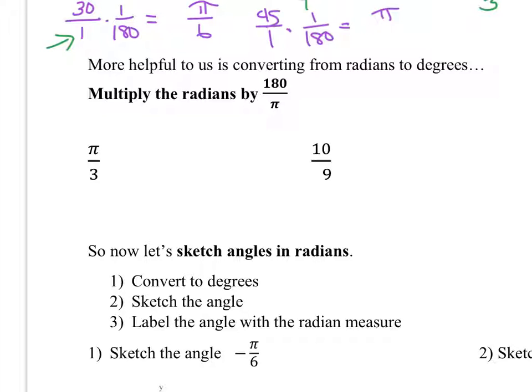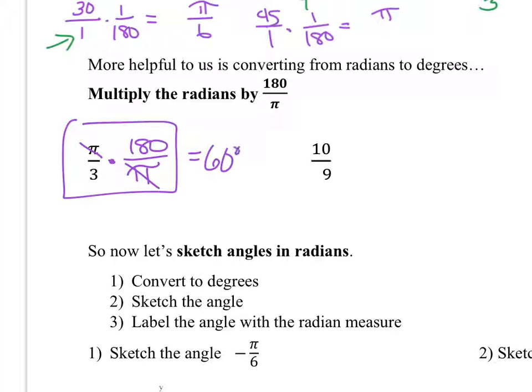So we multiplied by pi over 180, but now we don't want radians anymore. We want to get rid of the pi. So we put it on the bottom. And what happens is the pi does cancel out for ones where pi exists. If not, we just, again, put this whole thing into our calculator. Just type it in, and you get your answer out. So this particular one would be 60 degrees.